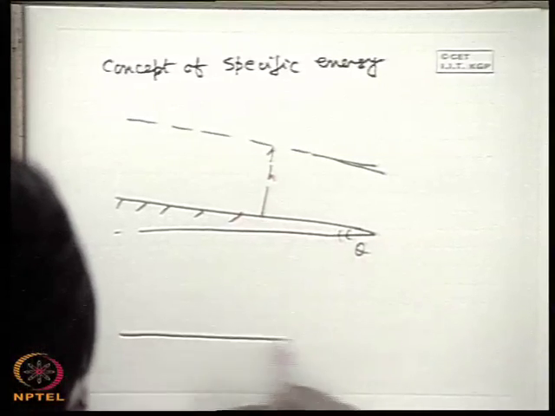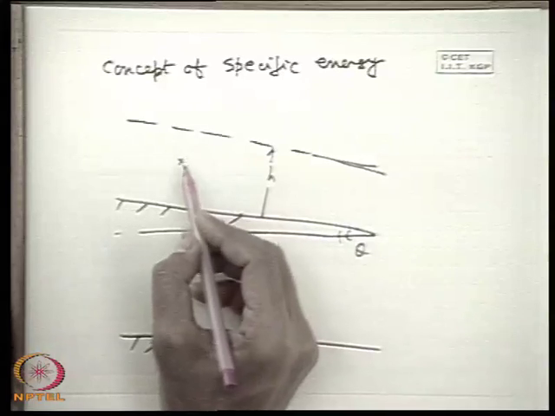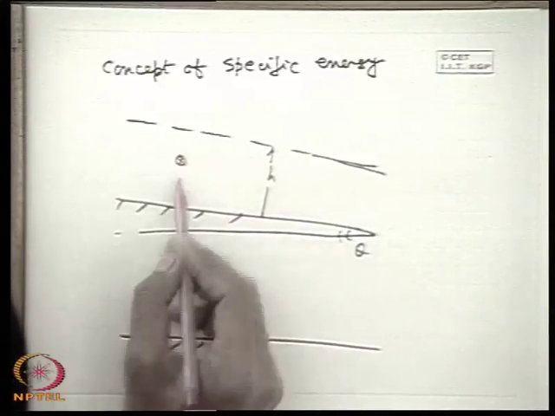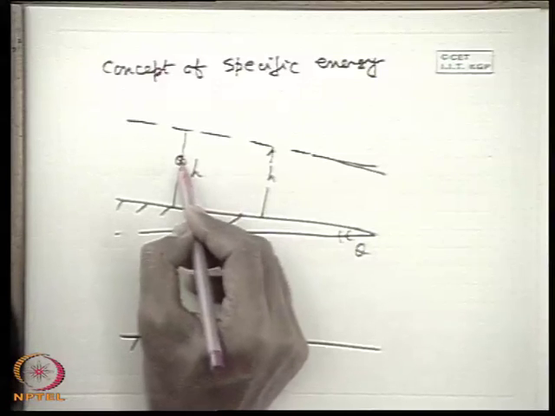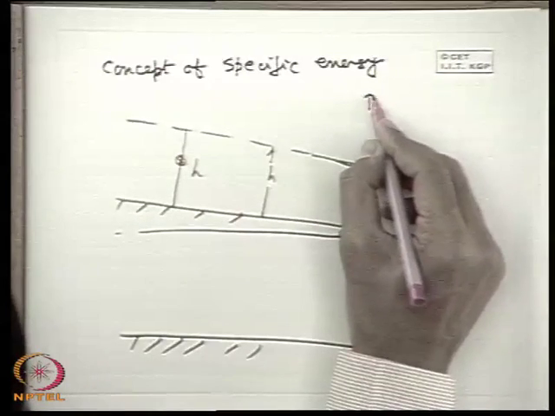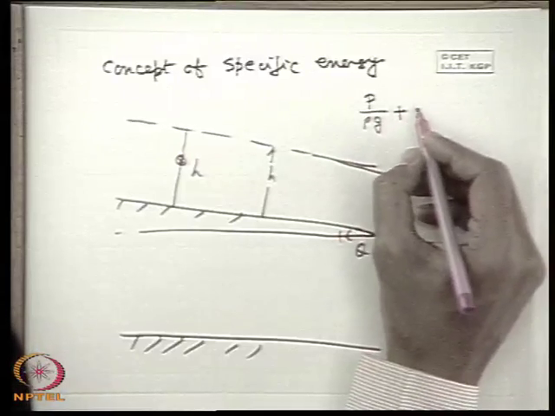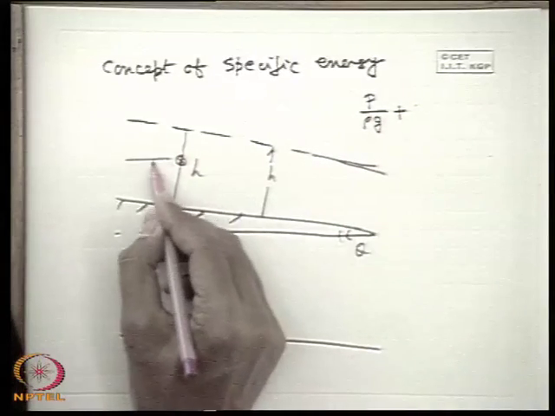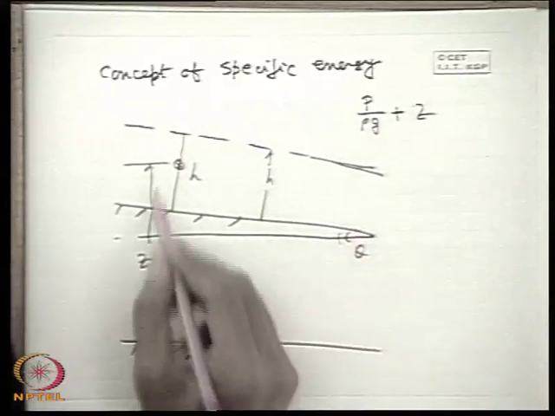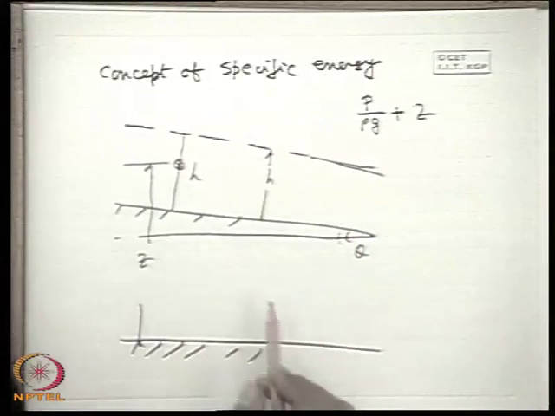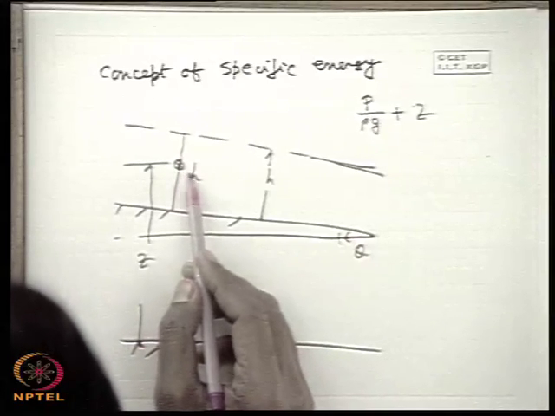Now, if we consider any reference datum, one thing is very clear, that for any point in the channel, if at that section the depth is h, so at this point what is the sum of the pressure energy plus the potential energy from this datum? So, that is equal to, if this is z, plus z. Okay. So, therefore, we see that the pressure energy is equal to P by rho g plus z.